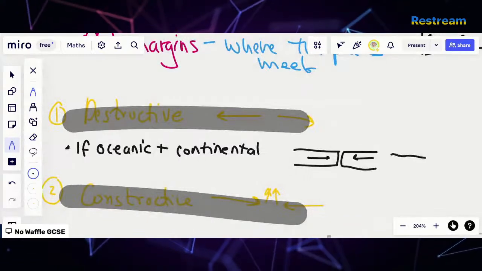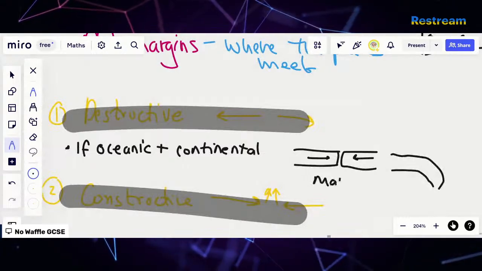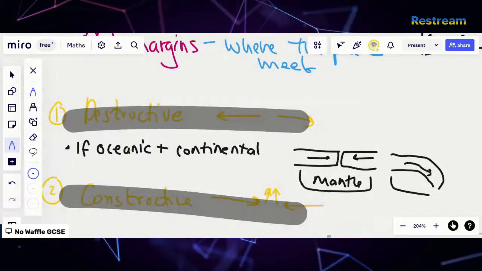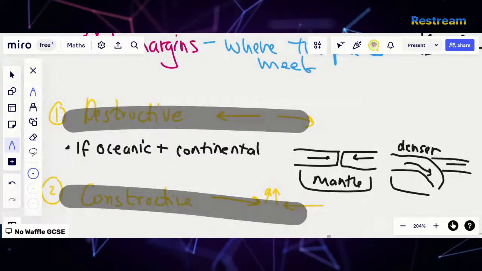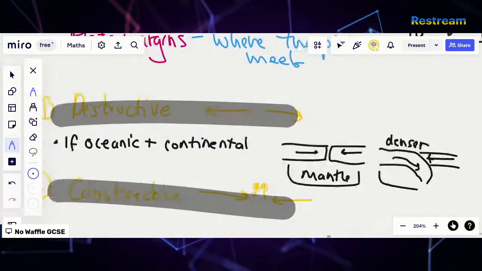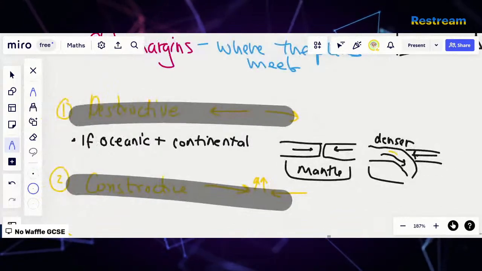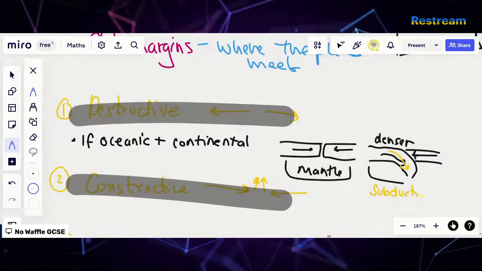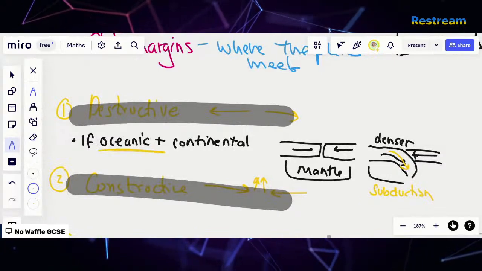And what happens is the denser oceanic plate then subducts into the mantle. And the continental just keeps pushing forward like that. So this oceanic plate dips into the mantle. This is what we call subduction. And we're saying that if there was an oceanic and continental, the oceanic would be subducted because it's more dense.